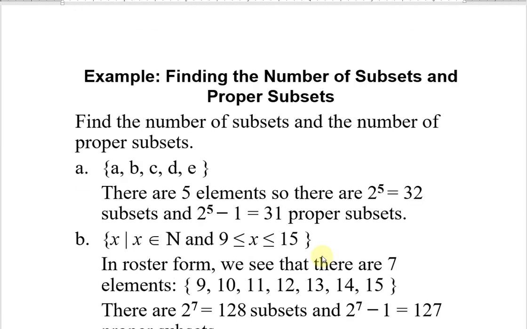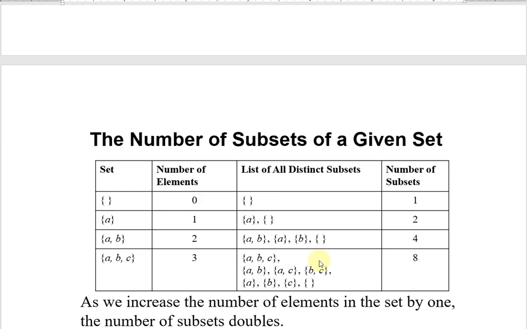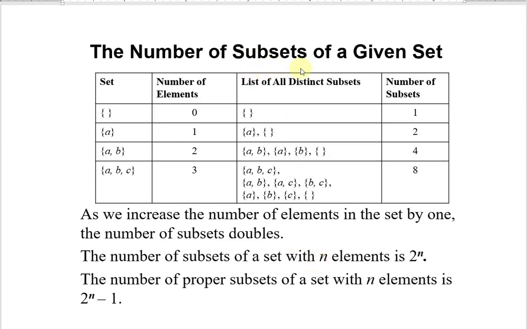The last objective for this section is about the number of subsets of any given set. For example, I have this set. It has nothing inside, so the number of elements is 0. And you don't have any subset other than the empty set.